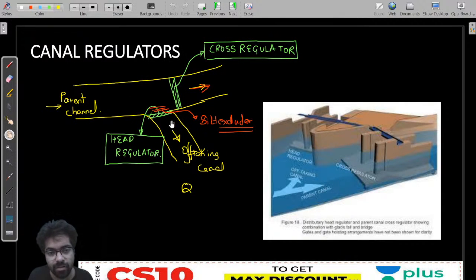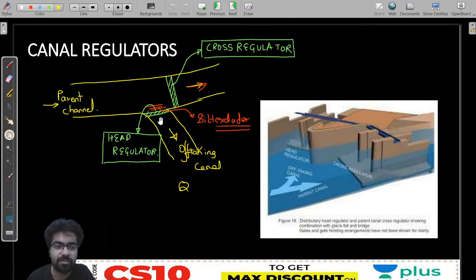But whenever you are trying to divert, first you close the gates of the cross regulator. It is similar, divide wall will be there, everything is the same, but it is called a cross regulator. If someone asks you what a cross regulator is, you should know its function is to raise the level of water behind and then divert it here. Okay, no problem. We call them canal regulators because of the structures we have constructed, and we will cover it in canal regulation.